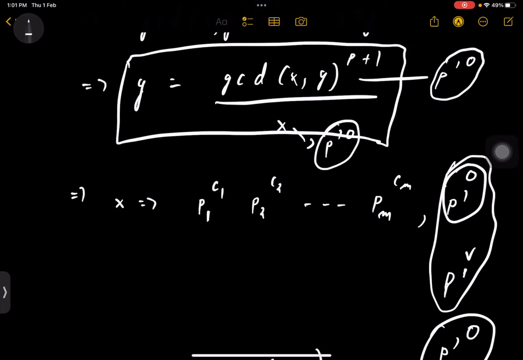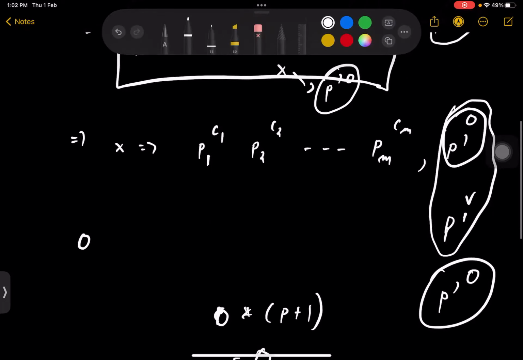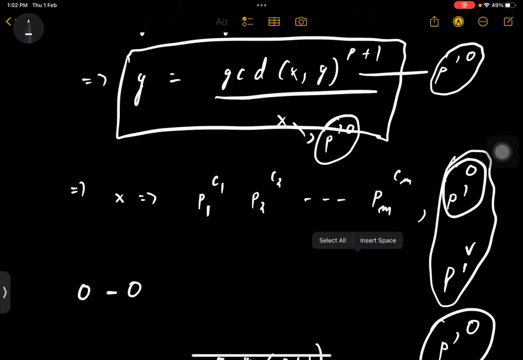Now we can see that there is only a unique way for y to have this power and to satisfy this RHS. Bases are the same, so power is 0 in the numerator and power is 0 in the denominator. That means we can write it as 0 minus 0, because it's a numerator and denominator, we cancel out the powers, which means we are subtracting the powers.